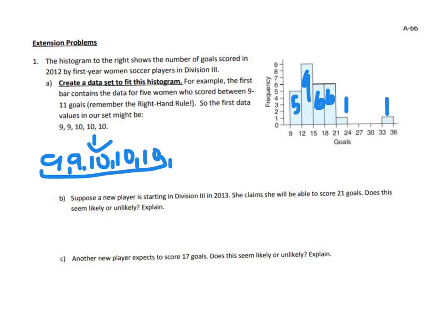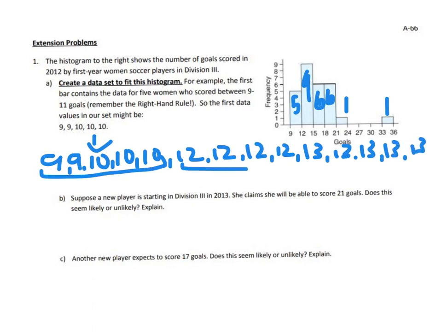And then for the second bar, between the 12 and the 14, that could be anything. That could be 12, 12. I just need 9 numbers. I could have 4 12s, and then 5 13s. That's one possibility, as long as there's 9 numbers. That's for the second bar.